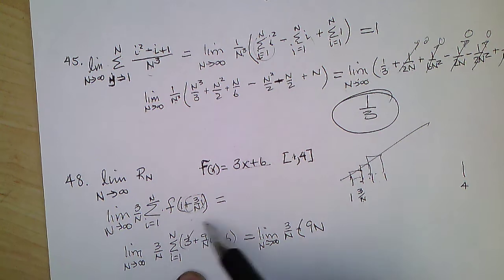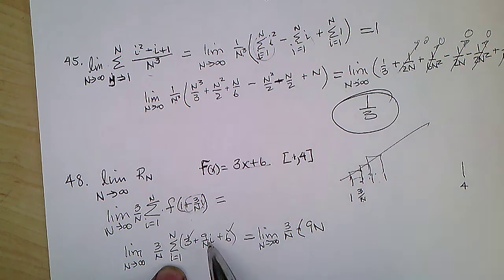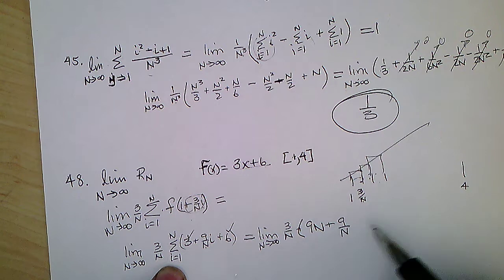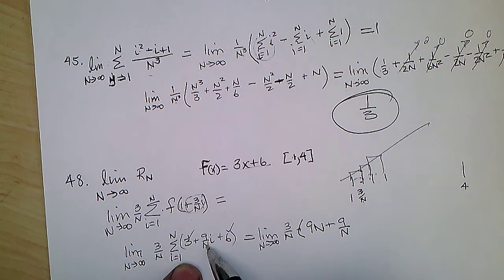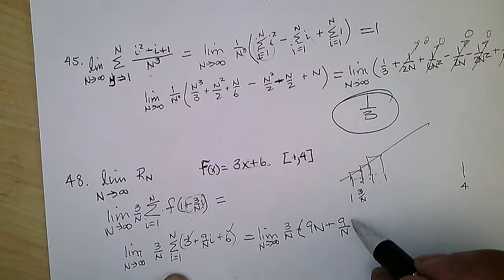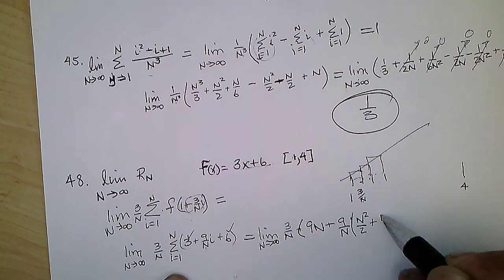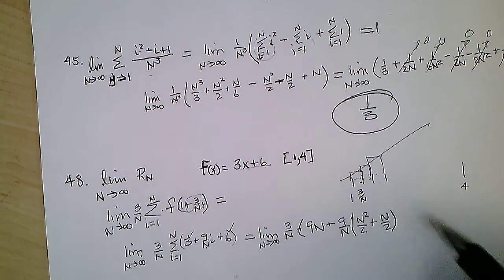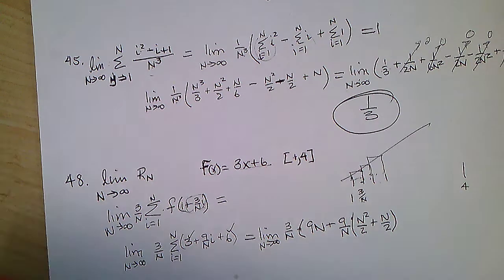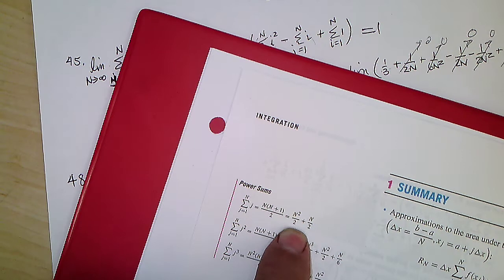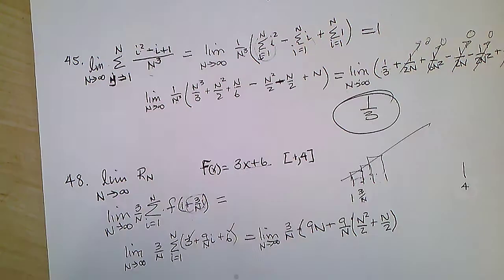So that takes care of this and this. And then I'm going to have plus 9 over n times the sum from 1 to n of i, and that is n squared over 2 plus n over 2. Using this, the sum of i is n squared over 2 plus n over 2.